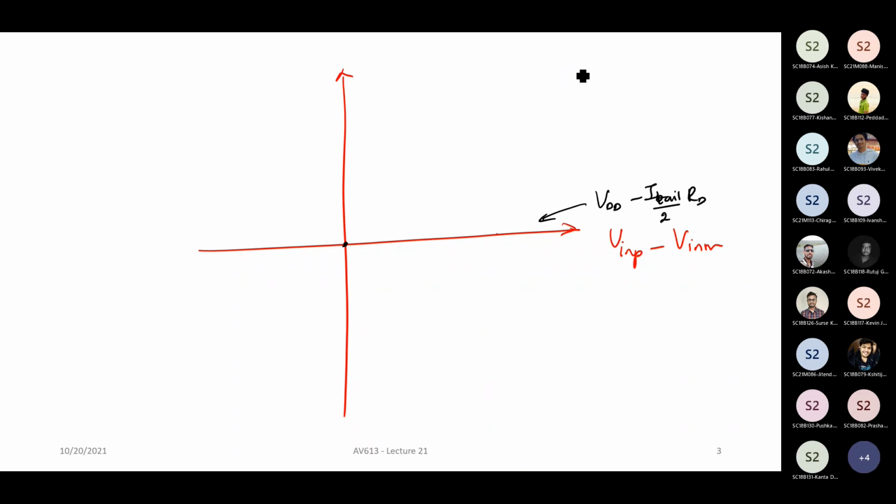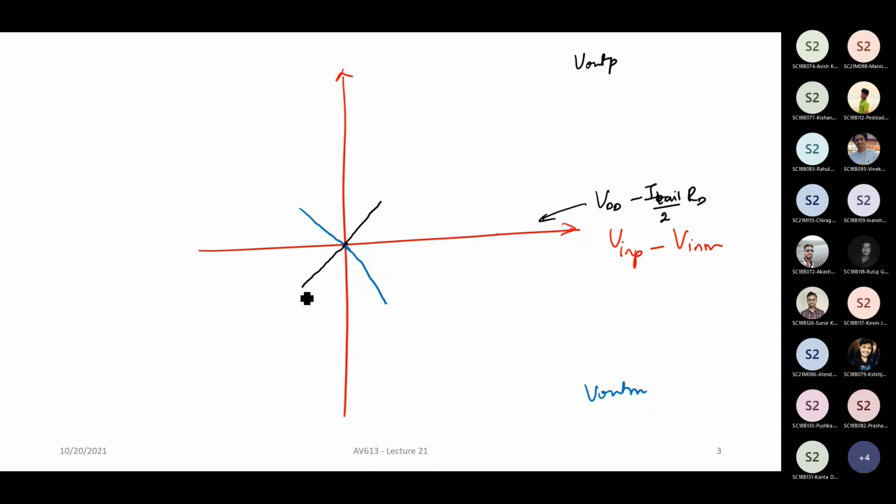Let's say this black one is the V out P. Now there is going to be a linear increase in V out P, right? And there is going to be a linear decrease in, let's say, V out M. Correct? Now, the vice versa is also true, which means that as the differential voltage V in P minus V in M goes below zero, the V out M starts increasing and the V out P starts decreasing.